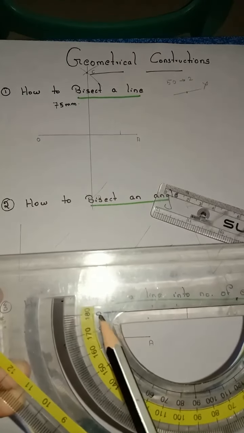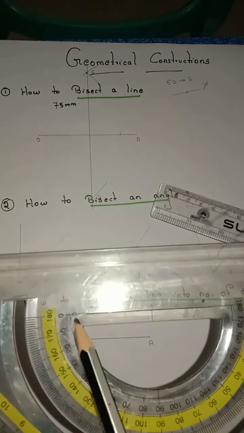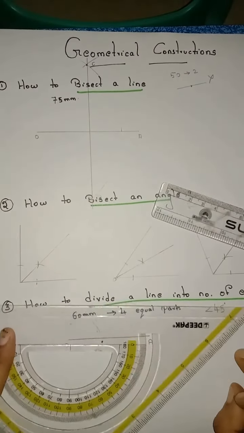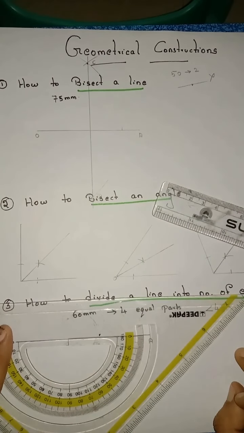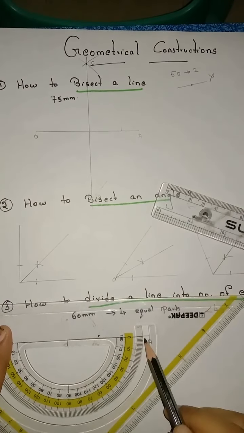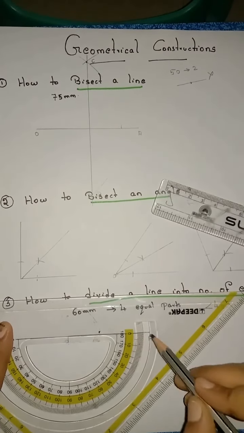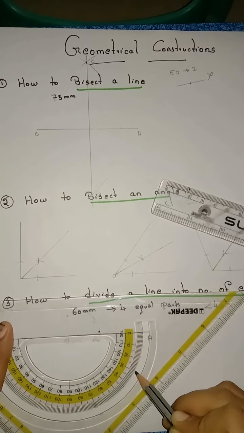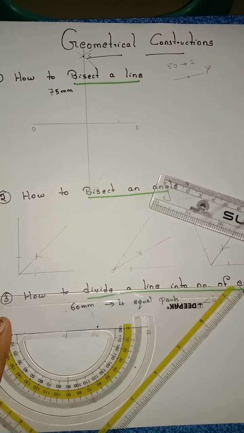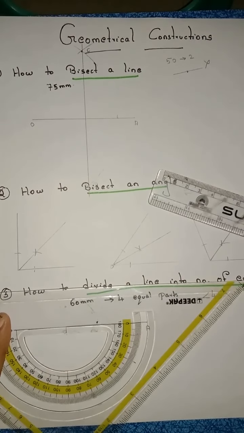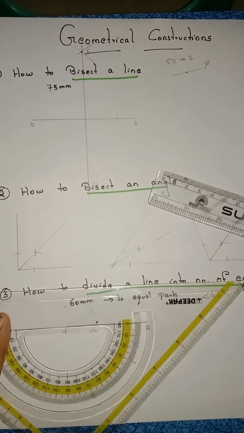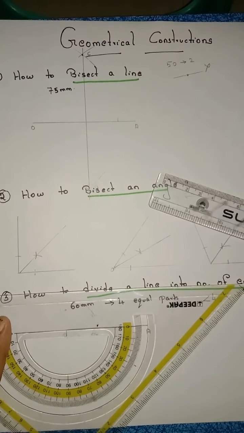This is the 0 line, and I am placing this 0 line at point O. Starting from 0, I am taking a 30 degrees angle here. Take 30 or take 45, your wish. But to divide a line into equal parts, you definitely have to take a 45 degrees or 30 degrees angle.